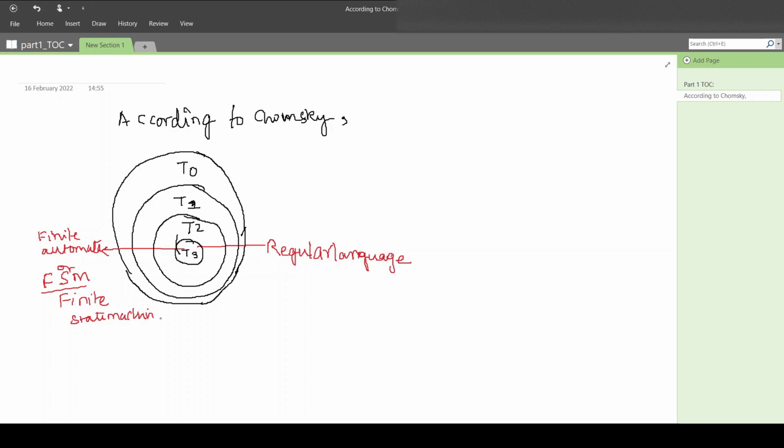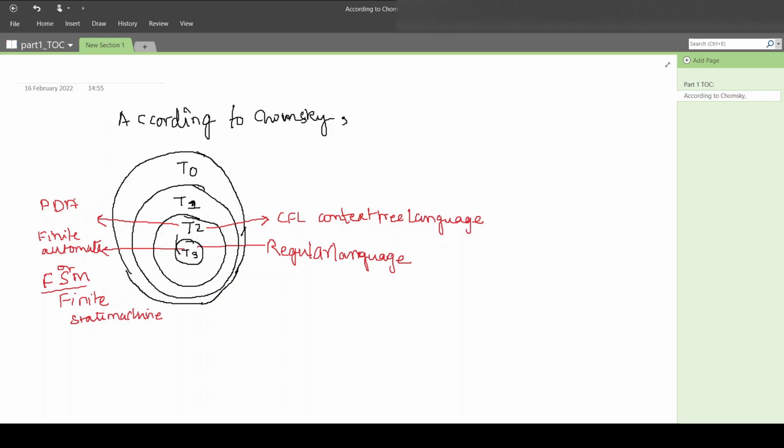Slowly the handwriting is going to be good. Please bear with me until then. T2 is CFL, that is context free language, and it is done by PDA, pushdown automata.